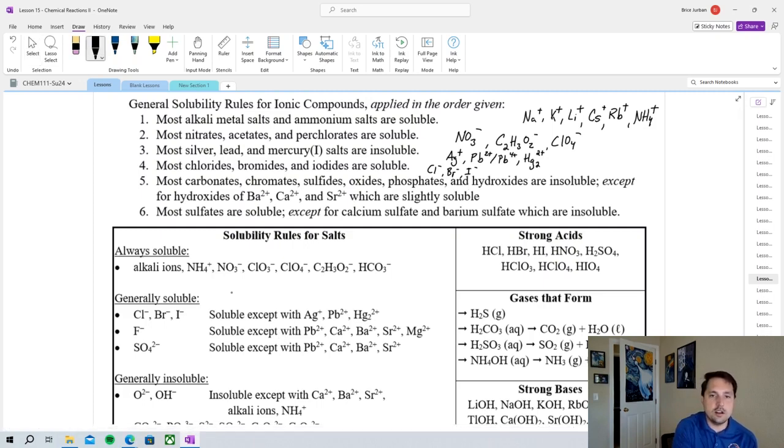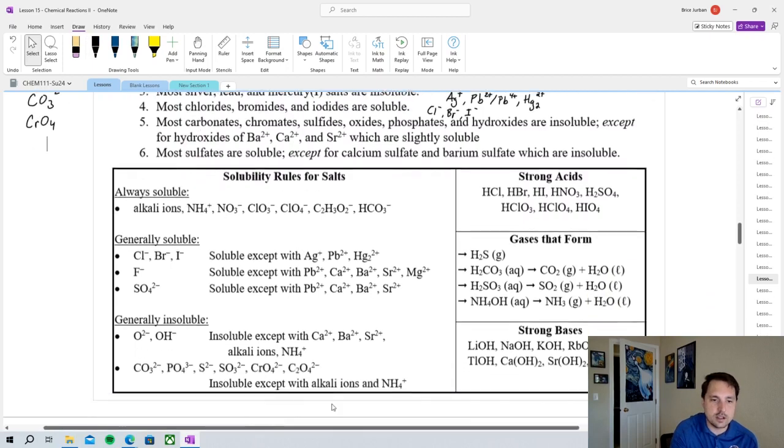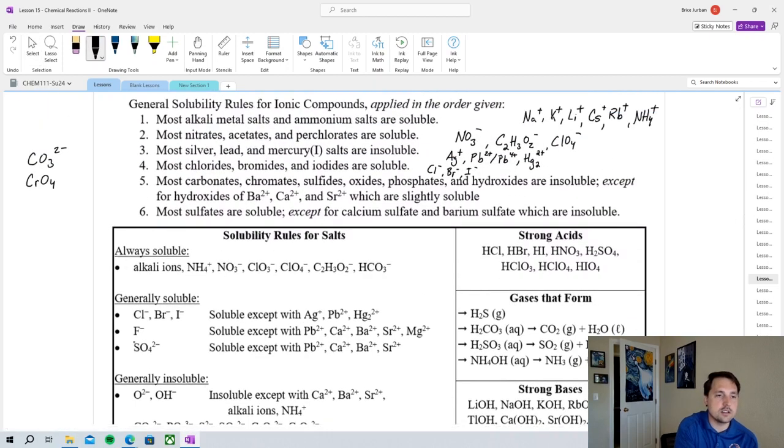And lastly, we end up with these sets of rules, these carbonates, chromates, sulfides. So let me write all these out, and these are good to recognize. So carbonate is CO3 2-, chromate, CrO4, I think 2-. I've got to kind of cheat there. Yeah, 2-.